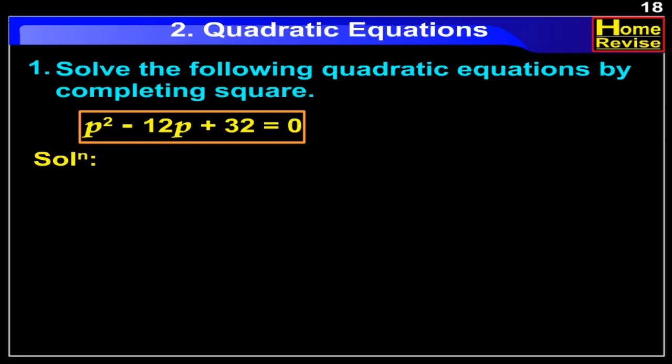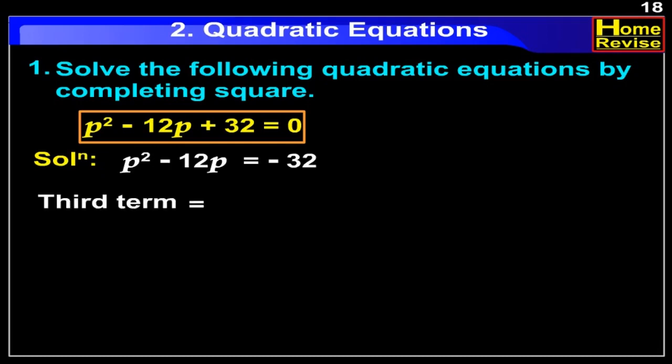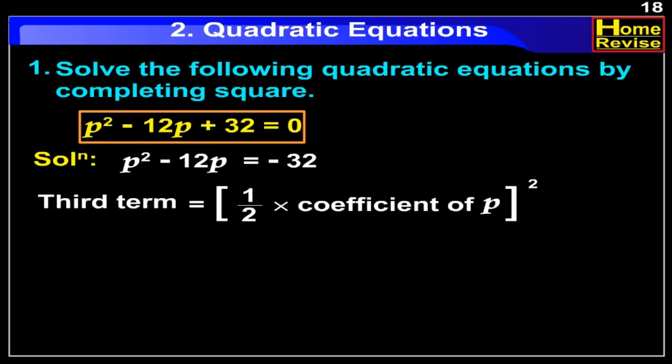Shifting the constant term to the right hand side, we have p square minus 12p is equal to minus 32. Now, we will make LHS a perfect square by using third term is equal to (half into coefficient of p) whole square, is equal to (half into minus 12) whole square.